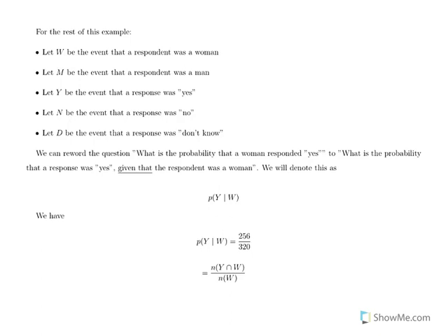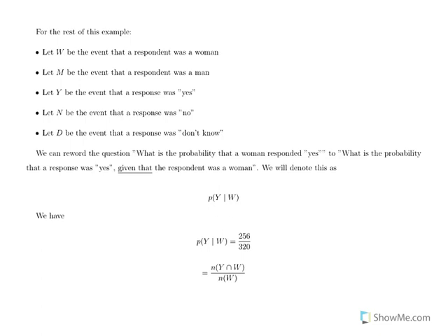So to make this problem a little bit easier, let's talk about this notation. I'll call W the event that a respondent was a woman, Y the event that a response was yes, and then the other ones as well. I think we're only going to use W and Y, really. So let's reword this question. What is the probability that a woman responded yes? We're going to reword that to, what is the probability that a response was yes, given that the respondent was a woman?